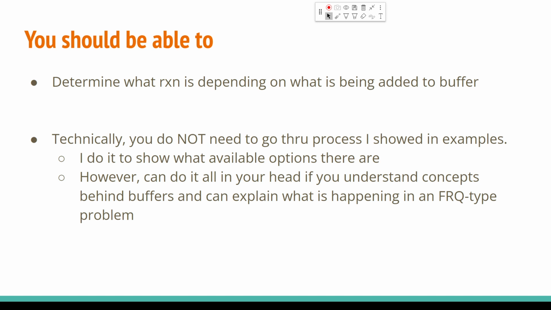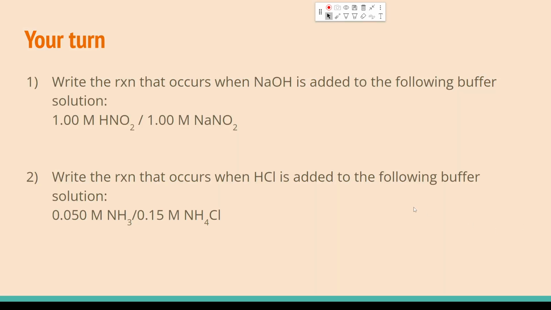Like, why is this thing the one neutralizing the strong acid, for example, or why is this thing neutralizing the strong base, for example. So here is a your turn, and this is how it would look potentially on an FRQ or MCQ. So go ahead and look at these and then try them out by pausing the video.